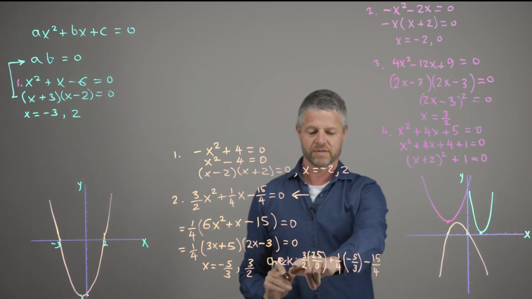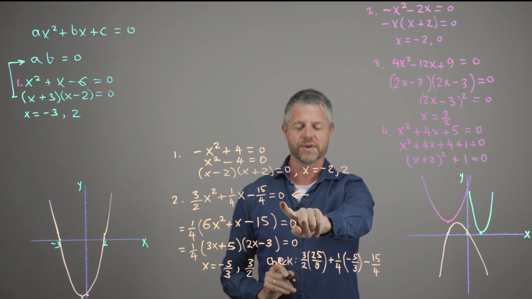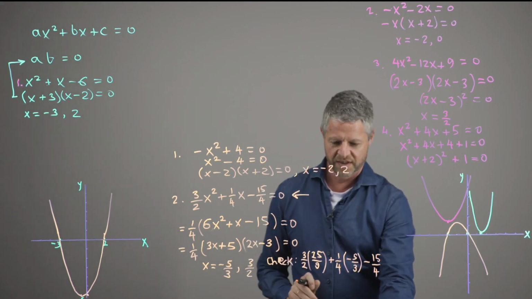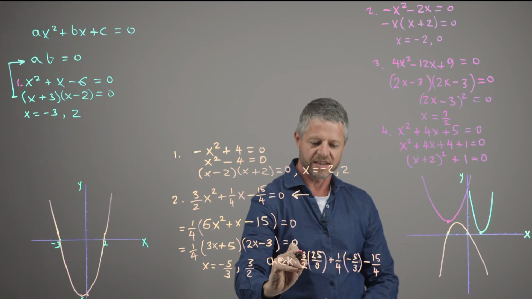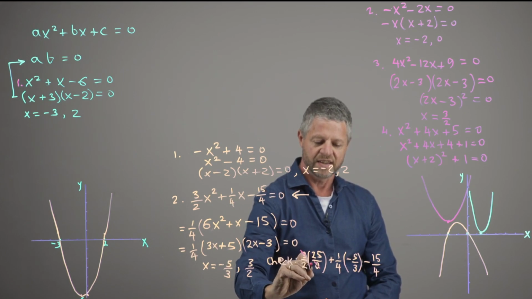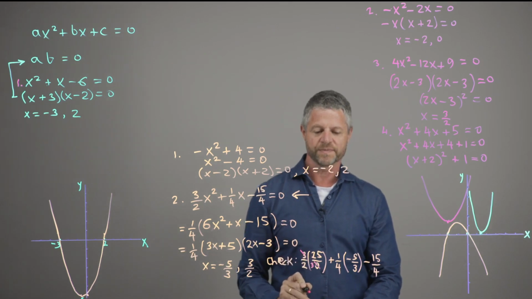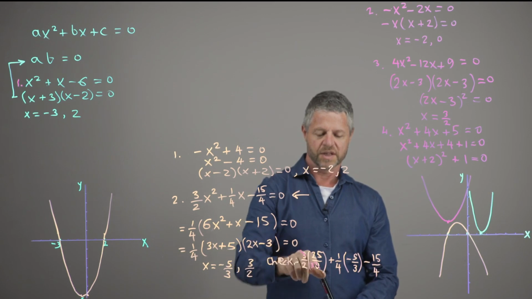And that is going to have to evaluate to the number 0. So a little bit of stuff going on here. The 3 and the 9, I could do a little bit of cancelling here to be left with 3 in the denominator.